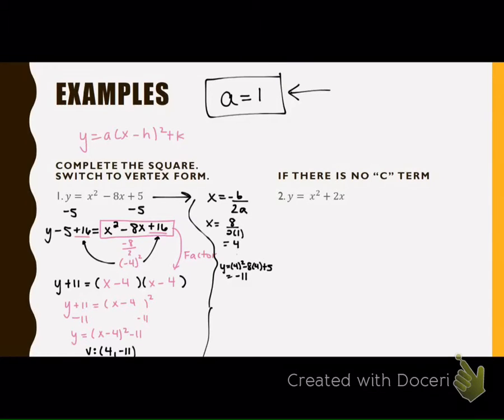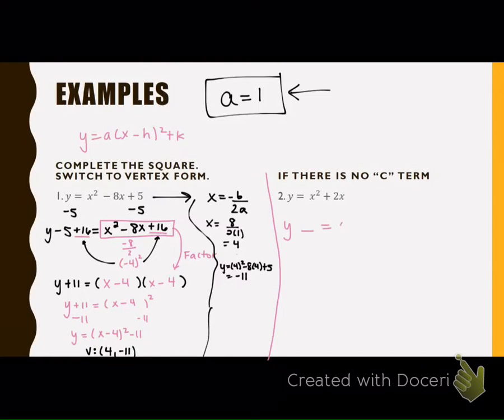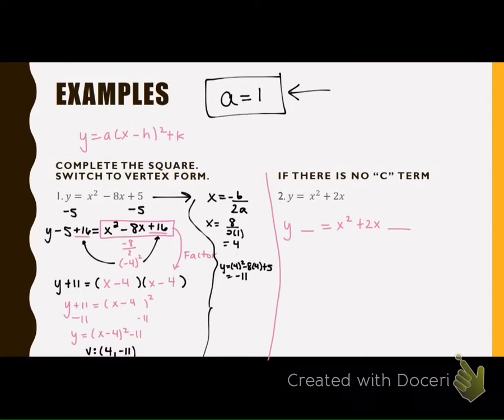The second one says, what if there is no C term? We don't have to subtract anything. We can just start by putting our blanks in. So, another way to think of this. What plus what, the same number plus the same number adds to get 2.